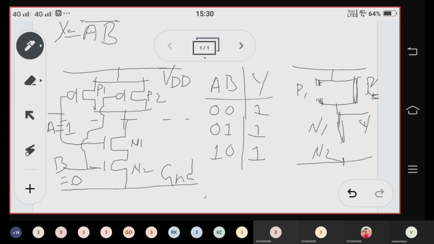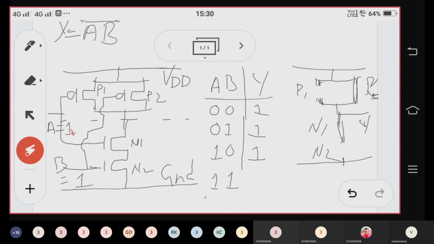Now we will discuss the last case, which is A equal to 1 and B equal to 1. Can anyone define which transistors are in on condition?